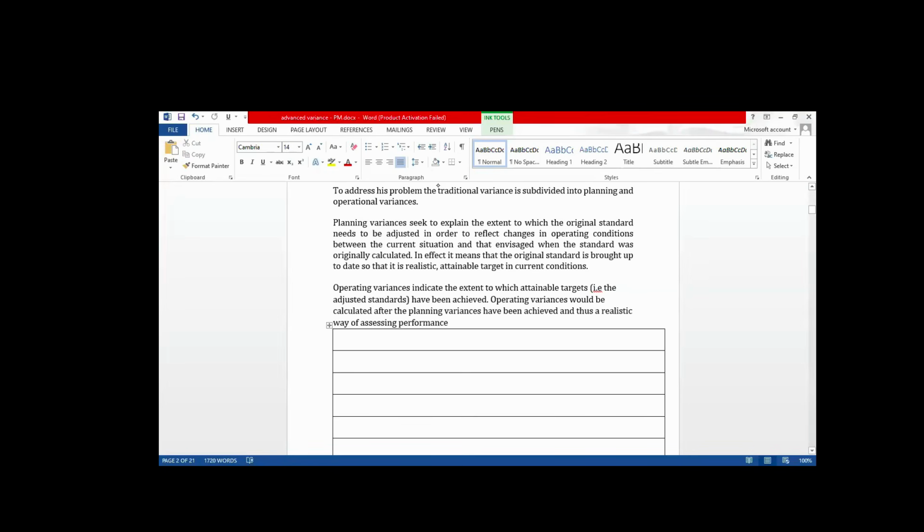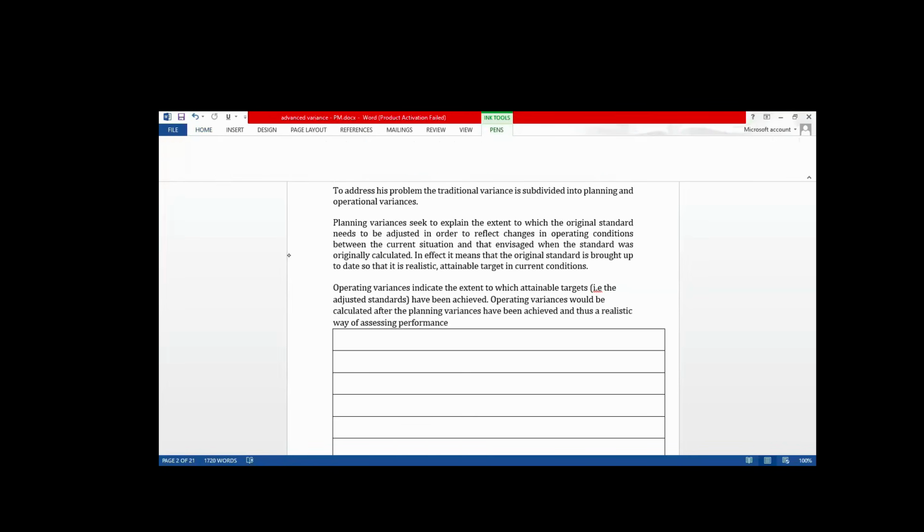Your material mix variance is where actual material mixture is different from standard material mixture.